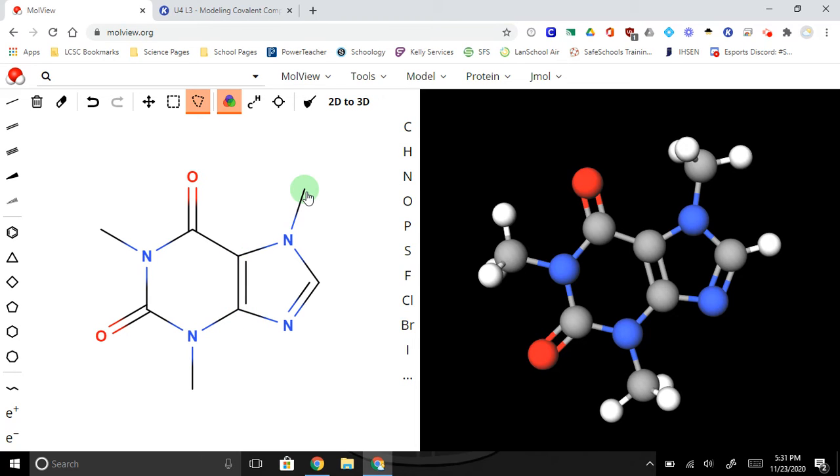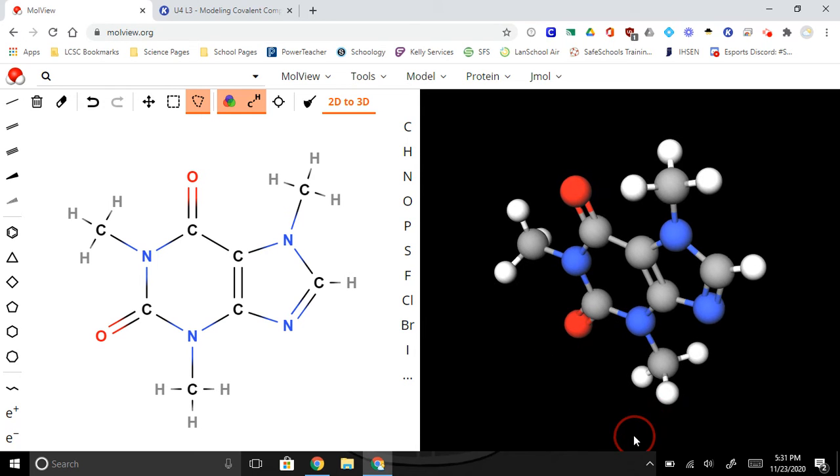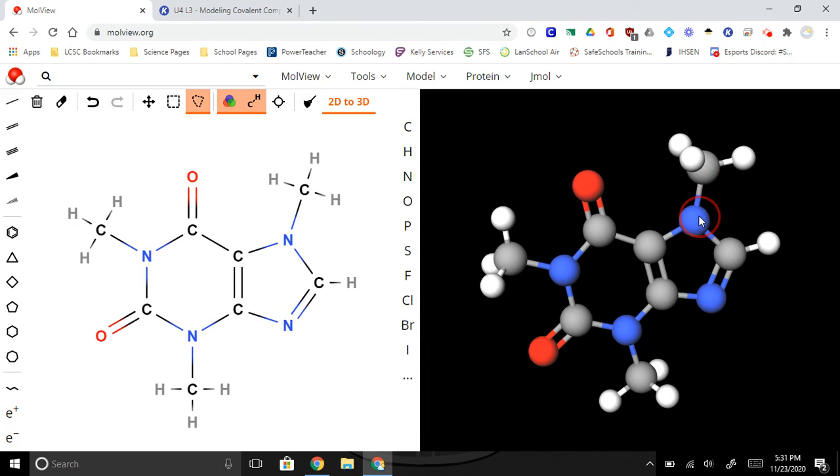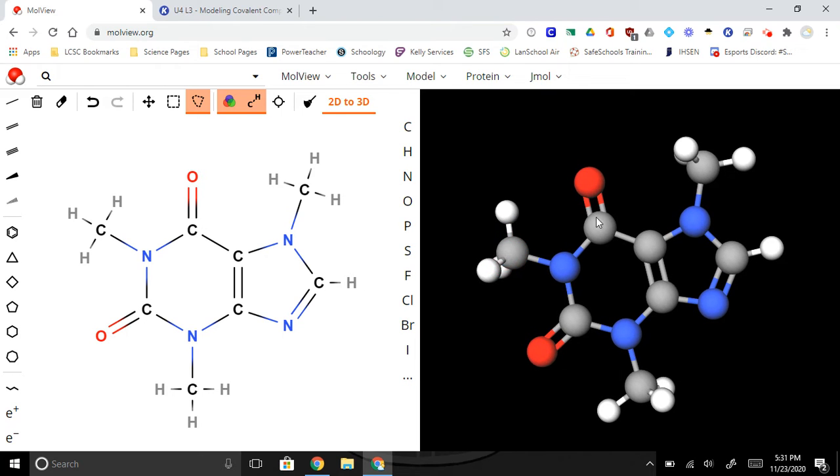And we assume that if we don't show that carbon being bonded to other stuff, it is bonded with as many hydrogens as we can fit. So to explicitly show those, we just use this little CH button up here. And that shows everything. It shows all our carbons, all our hydrogens, and they're still color-coded to match what we see over here. Now, I might have to rotate it a little bit, but it's mostly in the right spot.